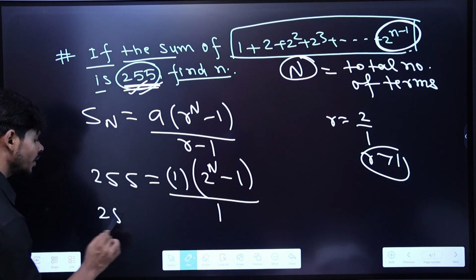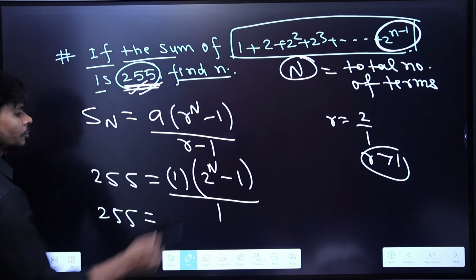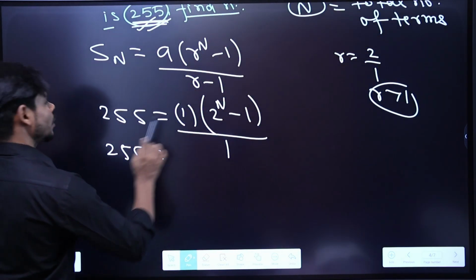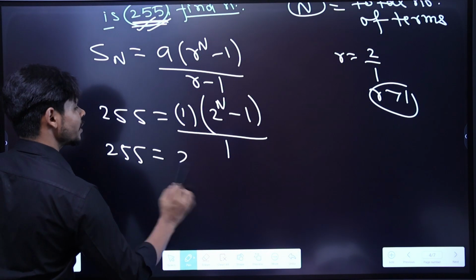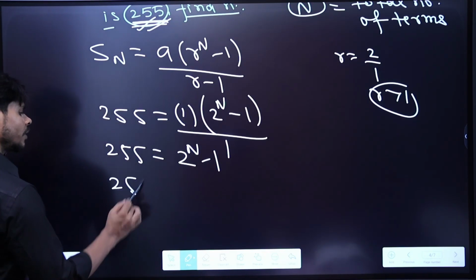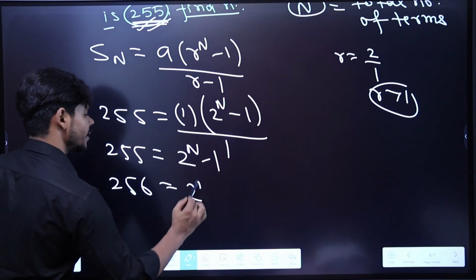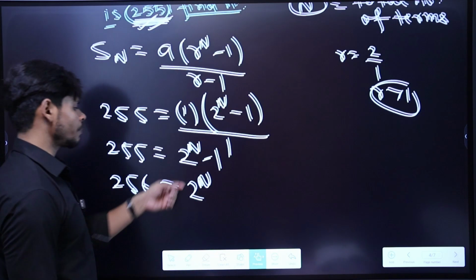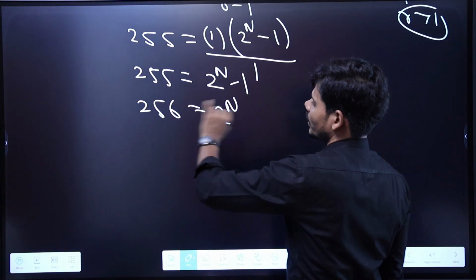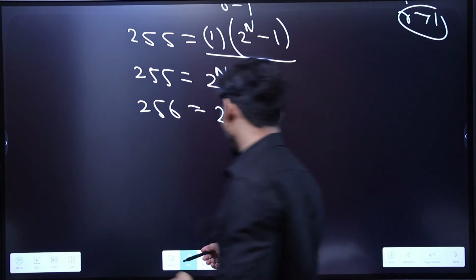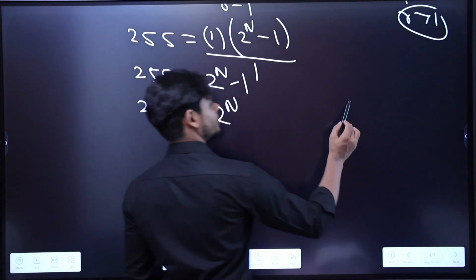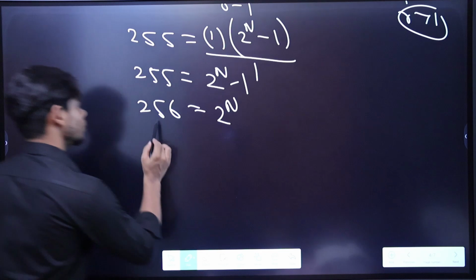So 255 is equal to 2 raised to power N minus 1. This minus 1 will move over and 255 will become 256, which is 2 raised to power capital N. Now 256 I can write in exponential form of 2, which will be 2 raised to power 8.